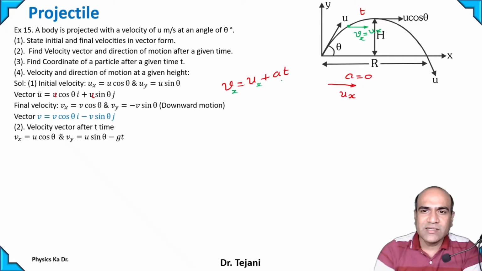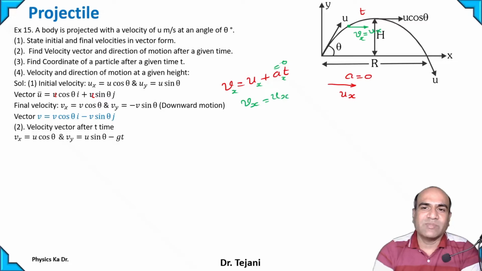That means Vx is equal to Ux after some time. So it is not changing. But if I take the vertical component, I take Uy plus A, where A becomes minus g. So that is the difference.